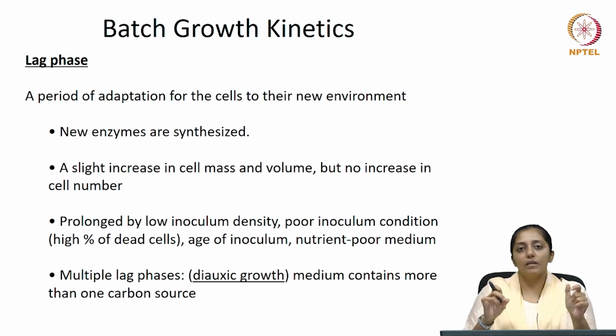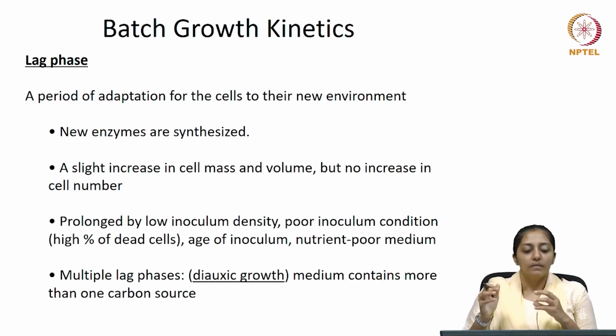Generally, starter cultures are produced in rich medium and then brought to the production medium. They are grown in rich medium so that they can be activated. Now, when such cultures which have been grown on very nutrient rich medium are exposed to a defined production medium, then you will observe lag phases.